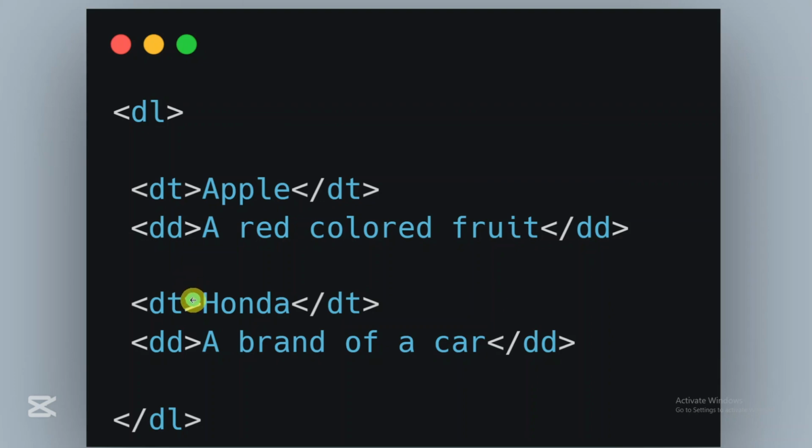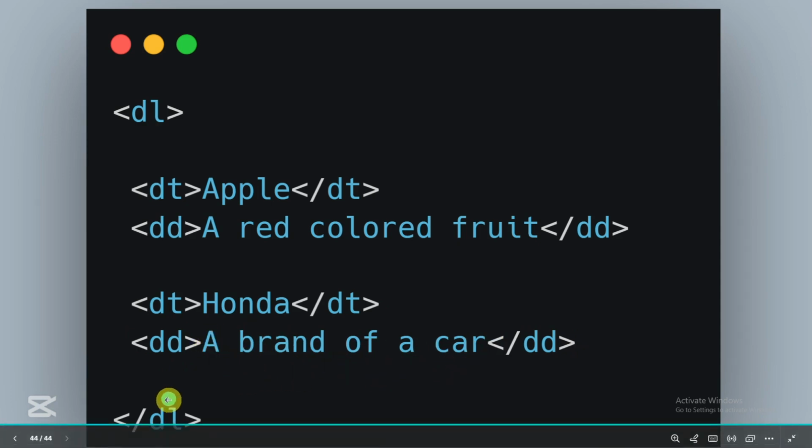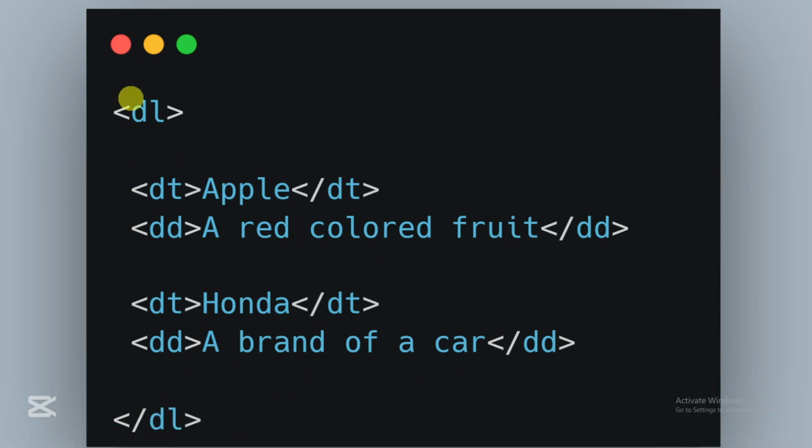So we are going to have a DT, description term, Honda, a closing DT. Then the description would come with a DD opening tag, a DD closing tag, and then we'll have our content, a brand of a car. So this demonstrates how to use a DL or description list element in your HTML document when you want to display terms and their definitions or questions and answers.